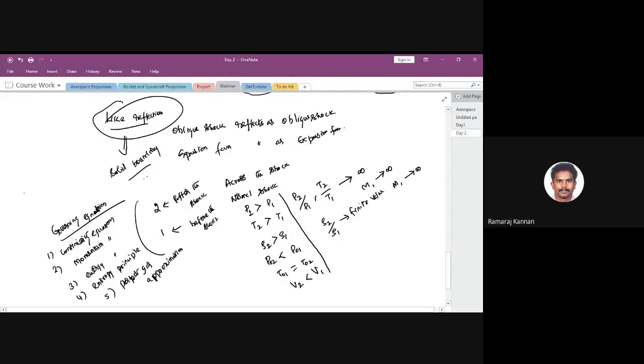If you look at the continuity equation, rho 1 V1 A1 is equal to rho 2 V2 A2. Your momentum equation is P1 plus rho 1 V1 square is equal to P2 plus rho 2 V2 square. Your H0 is equal to H1 plus V1 square by 2, that is equal to H2 plus V2 square by 2.